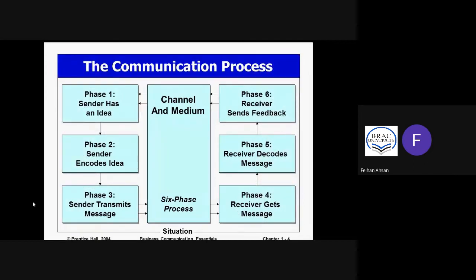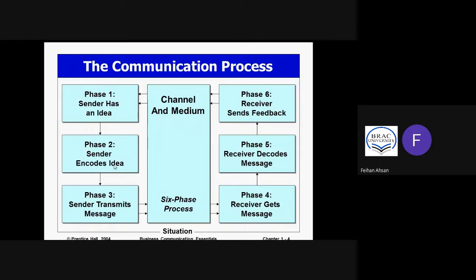So this is an important slide to understand because it talks about the communication process. There are 6 phases, as you can see here. The first phase is where the sender has an idea. Now, obviously, the communication has to start somewhere. In phase 1, it might be brainstorming. You have an idea. I want to say something to another party. That's phase 1.